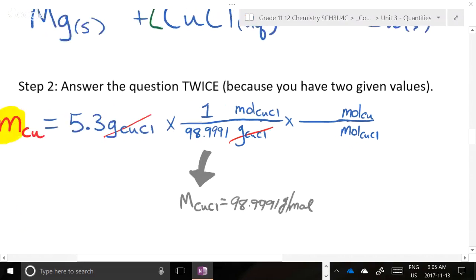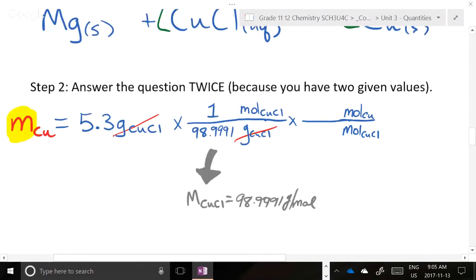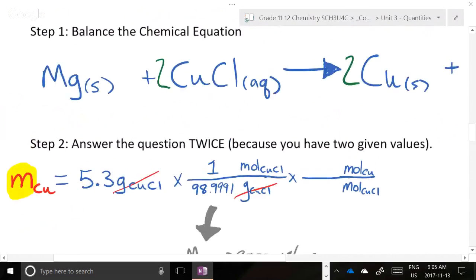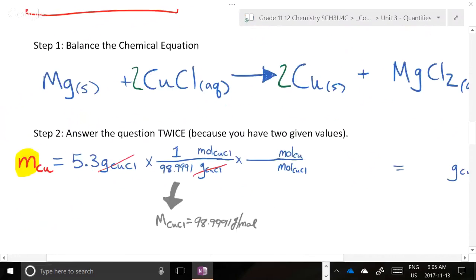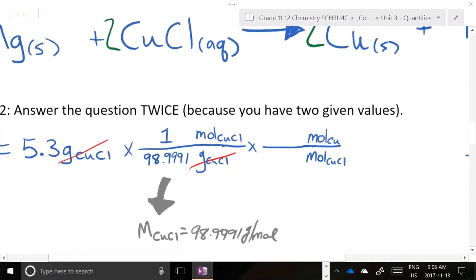Great, and where am I going to get numbers for that? Great, my balanced equation. And what are those numbers here? So it's 2 and 2. So in the chemical equation, 2 moles of copper are used, and 2 moles of copper chloride are produced. If you said 1 to 1, it will work. I prefer to write it out like this, but you're not wrong.